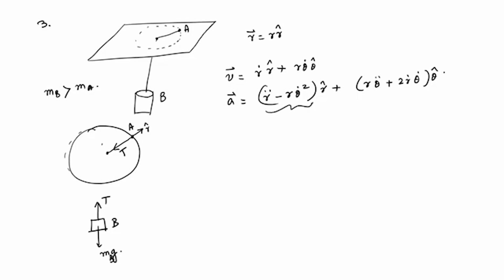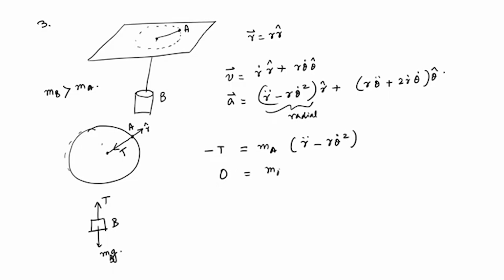So, this is the radial acceleration which now supports the tension. The tension is minus T, because you measure always along the outward drawn normal, and this is equal to m_A (r double dot minus r theta dot square). That is the radial part, and there is nothing for the tangential part.